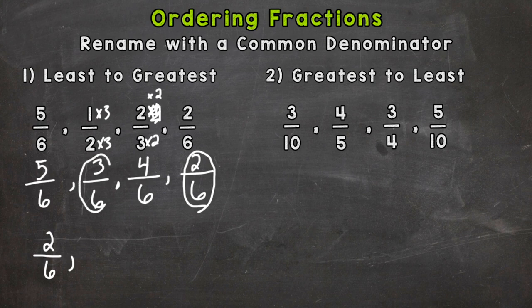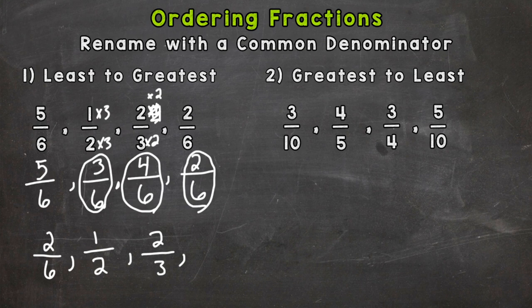Obviously our 3/6 here, or 1/2. I'm going to put the original fraction in my order down here at the bottom. Next would be 4/6, or 2/3 from the original list. And then lastly, the greatest fraction, 5/6.